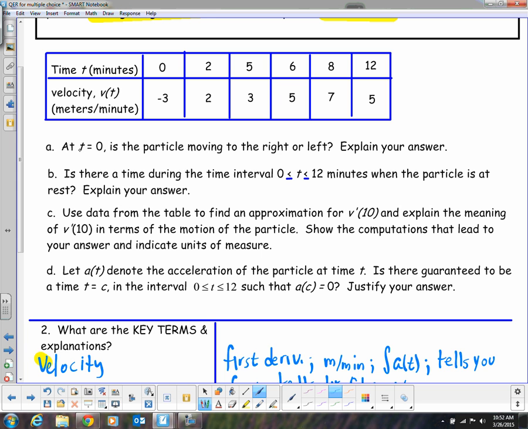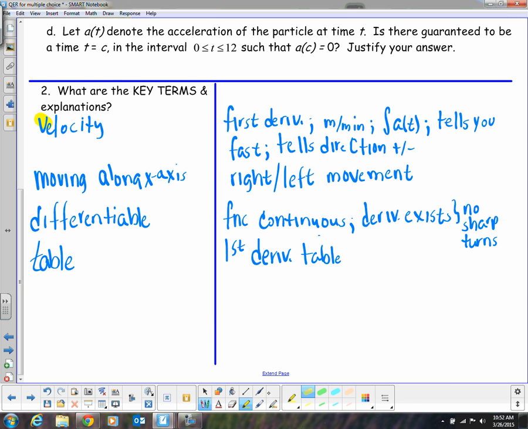Okay, so now, at t equals 0, is the particle moving to the right or left? What will you look at?